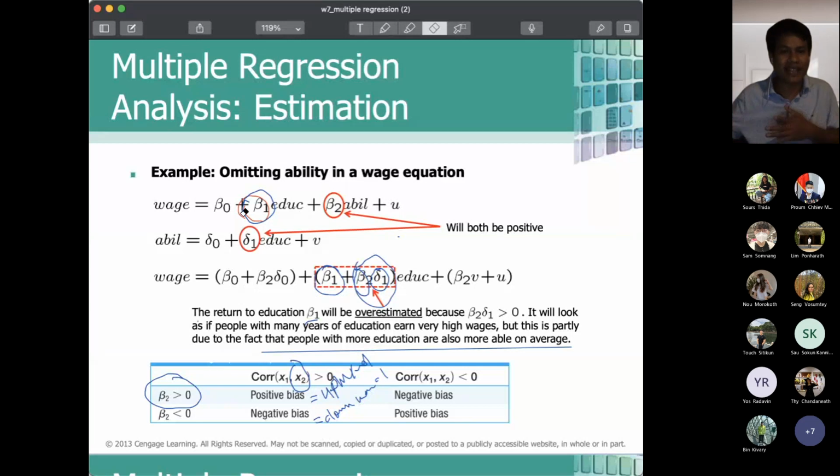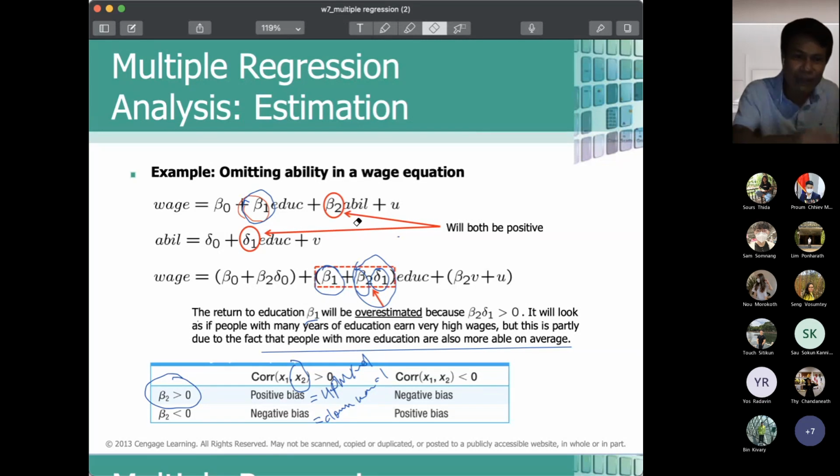For instance, if you ask someone that does not have any education, they still earn wages, but it depends on their ability. Also, people who have higher education also tend to have higher ability than others. For instance, among yourselves, someone is better than the other. Why? Because of ability, right? So education is also correlated with ability.